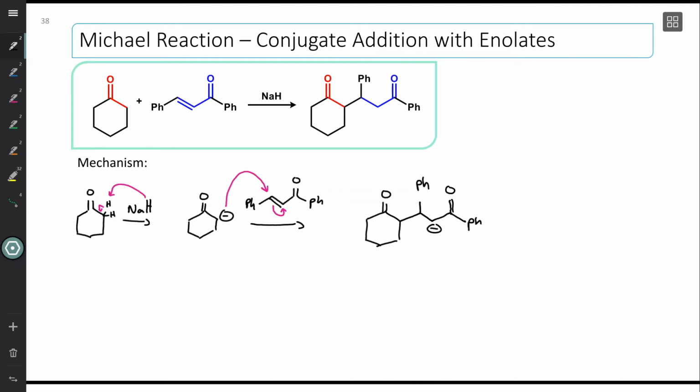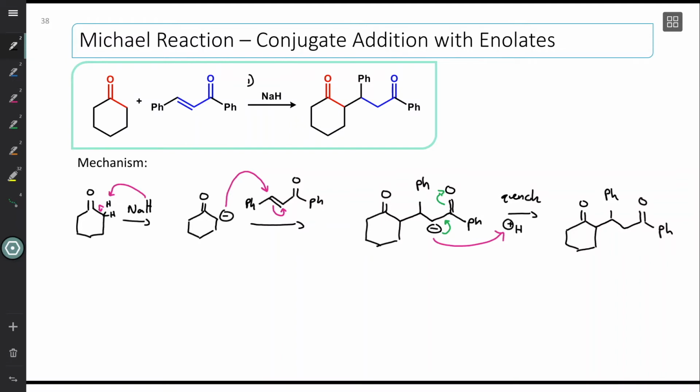Now this negative charge is in conjugation here, but you can just show it quenching. So a second step will be to quench. You're going to need some proton source, and your final product is this one, like this.